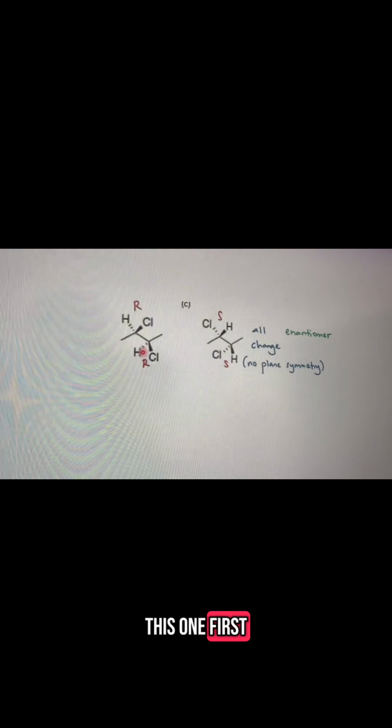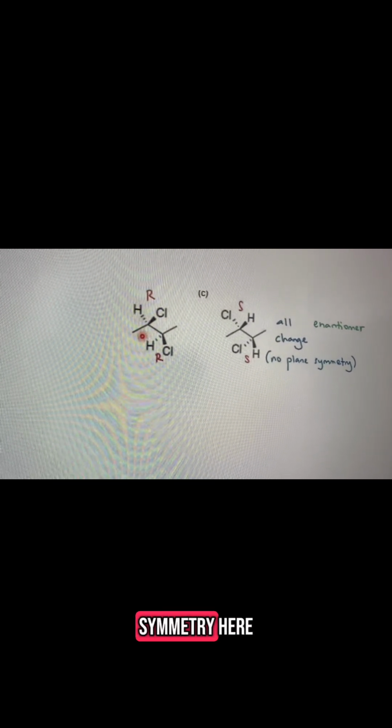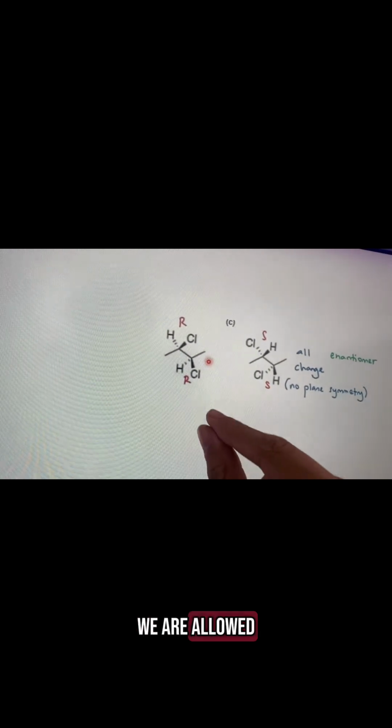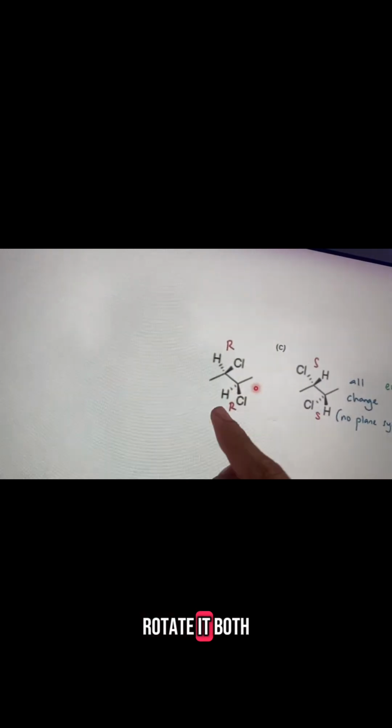Okay, now how about this one? Look closely at this compound first. Can you draw a plane of symmetry here? Does it look like a butterfly? Can you just fold this one over here? You cannot, right? But let's say we are allowed to. Sometimes symmetry is not visible, so what we do is pinch this half and rotate it, so that Cl will be on the same side and this one will come here. But if I rotate it, both wedge and dash will be opposite.